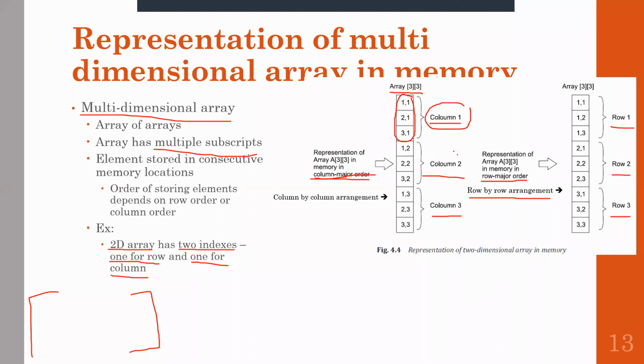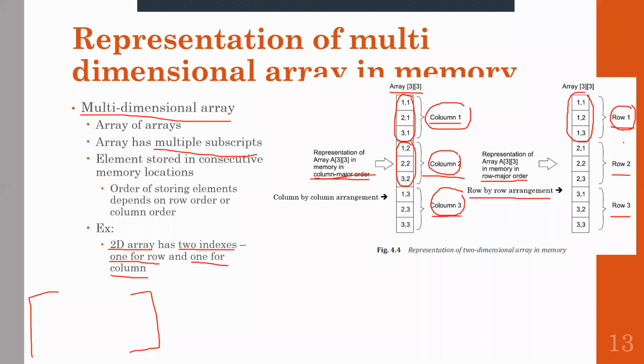In column major order, first column elements you store in consecutive memory locations. After this, you follow with the second column elements, and next you follow with the remaining column elements. So you select a column and those elements are stored in consecutive memory locations. Once these elements are over, you go for the next column. Similarly in row order, you first select the row, and all the row elements will be stored first.